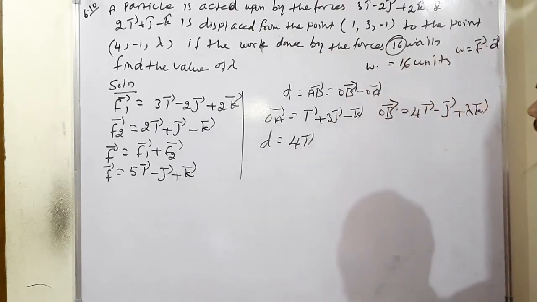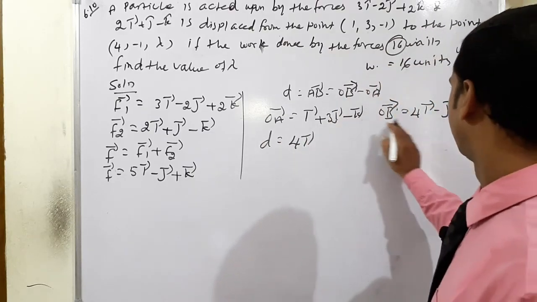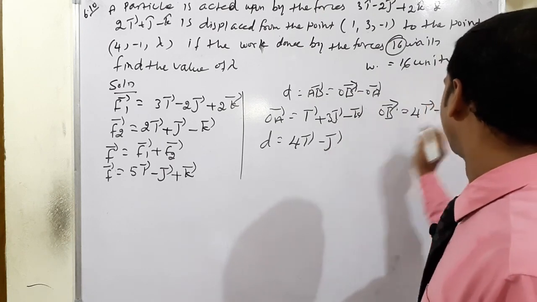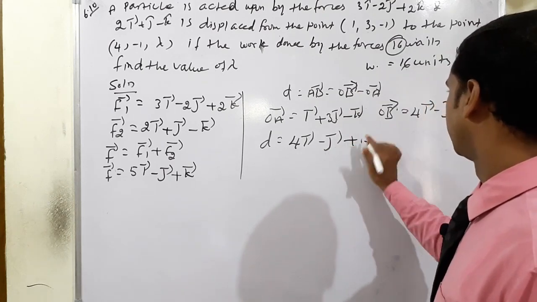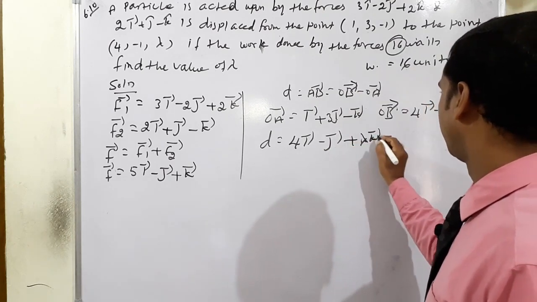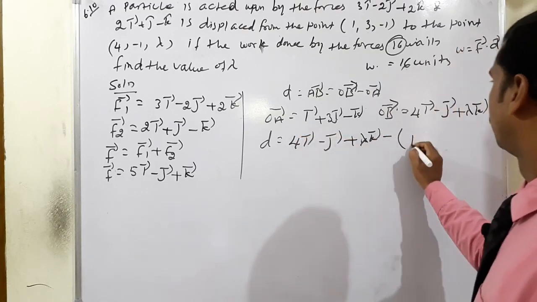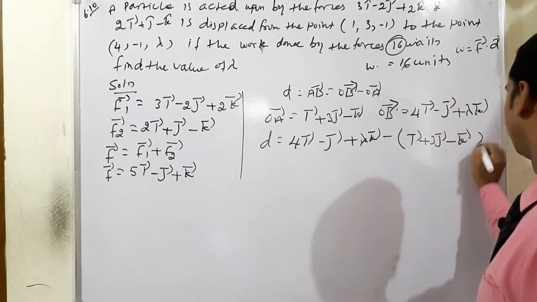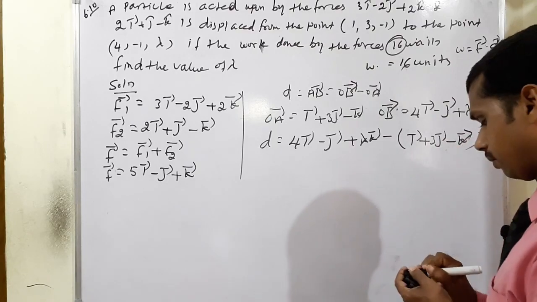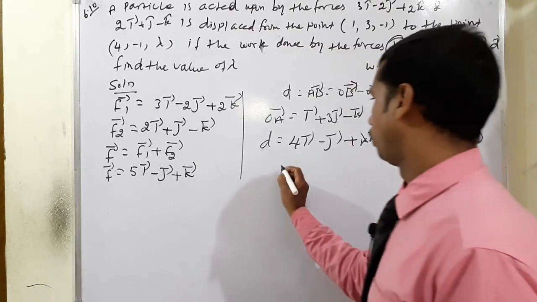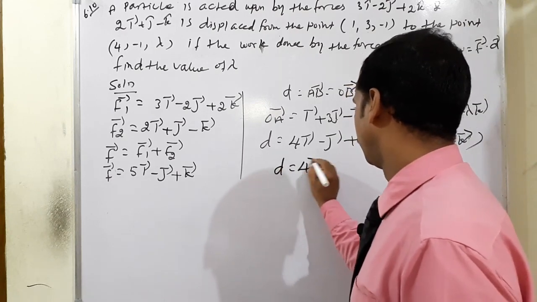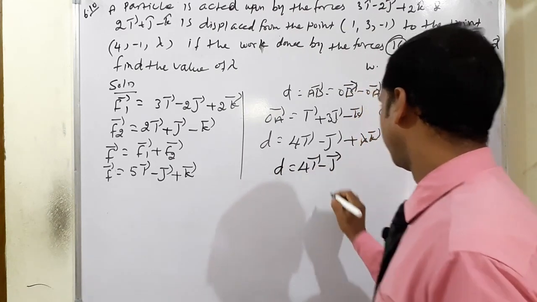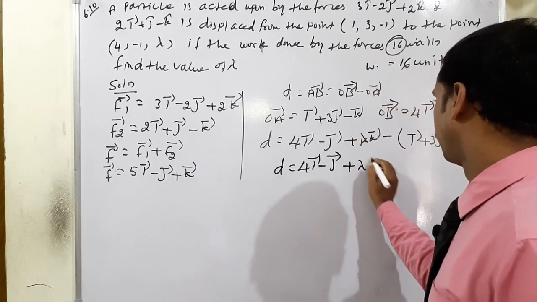So D is equal to OB, which is 4i vector minus j vector plus lambda k vector, minus i vector plus 3j vector minus k vector.